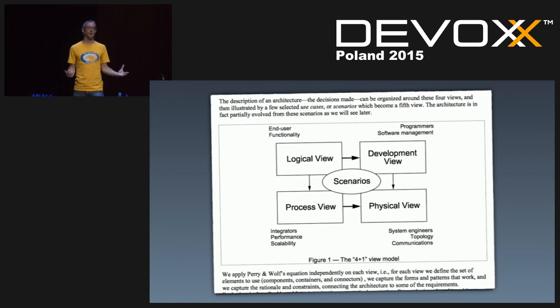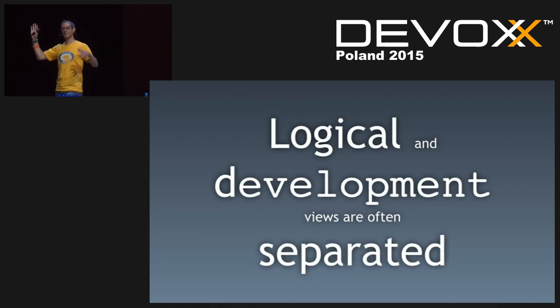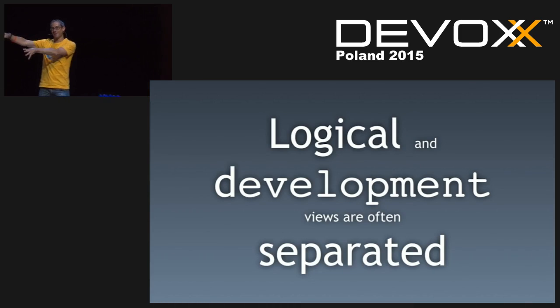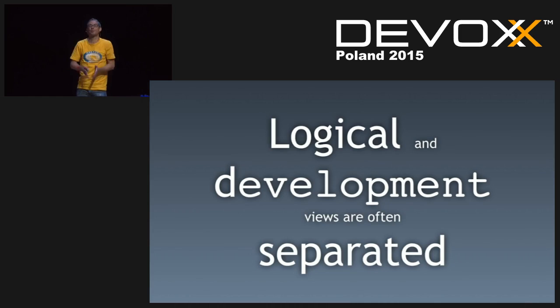And then there's a physical view, which basically says, how does all that stuff map onto real infrastructure? And all of these are tied together with a bunch of use cases. This is one approach to describing software architectures. There are lots of others, but the common theme across most of them is this: the logical view is separate from the development view. So we're creating this artificial separation between these two worlds.